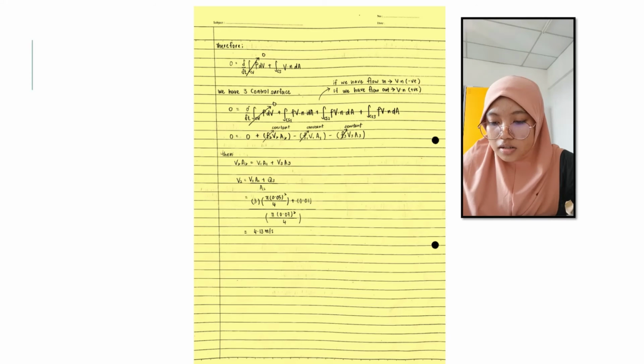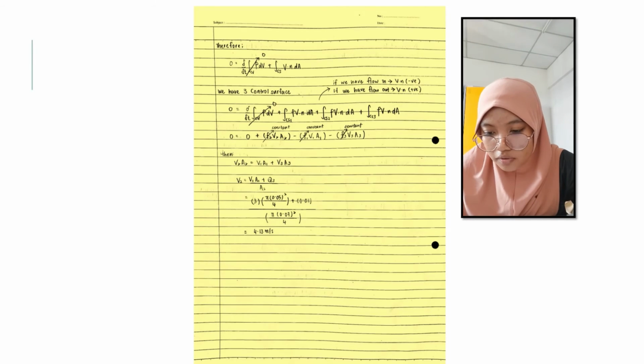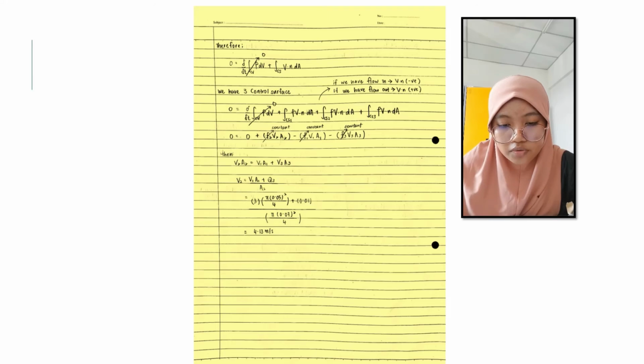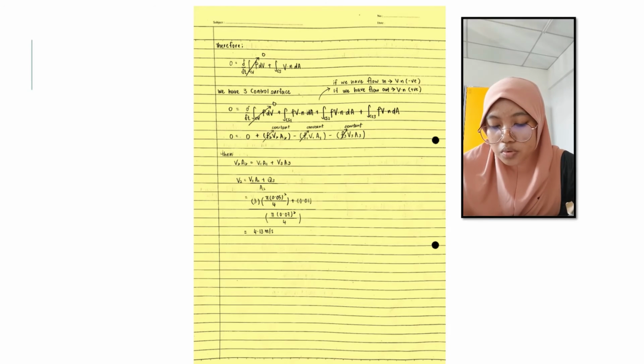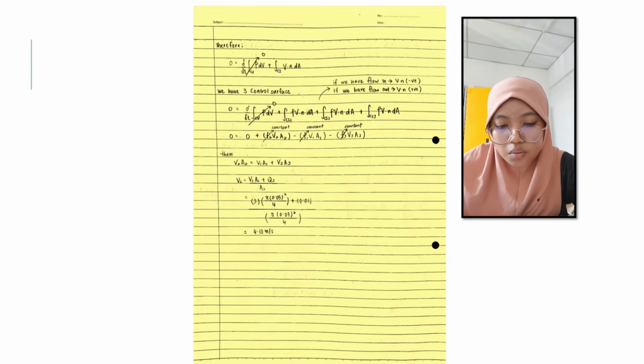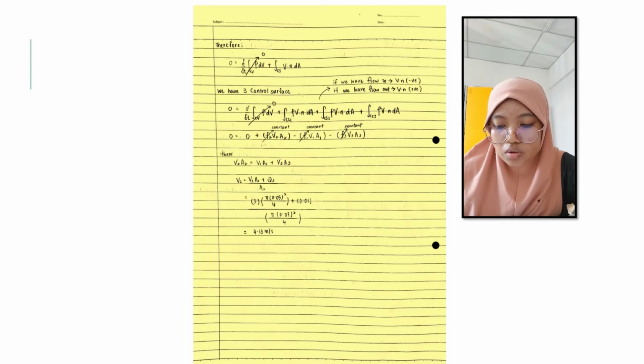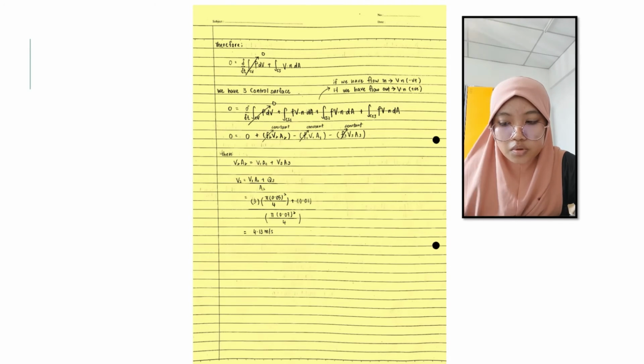We have 3 control surfaces, CS1, CS2 and CS3. If we have flow in, the Vn will be negative. If we have flow out, the Vn will be positive. As we said just now, the density at point 1, point 2 and point 3 is constant, as it is an incompressible fluid.